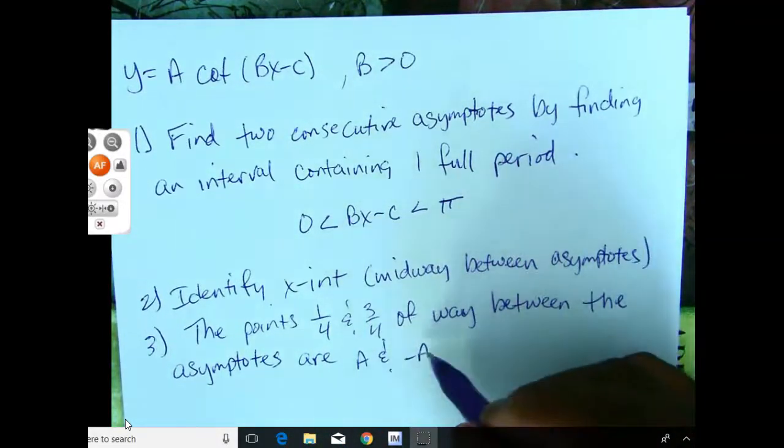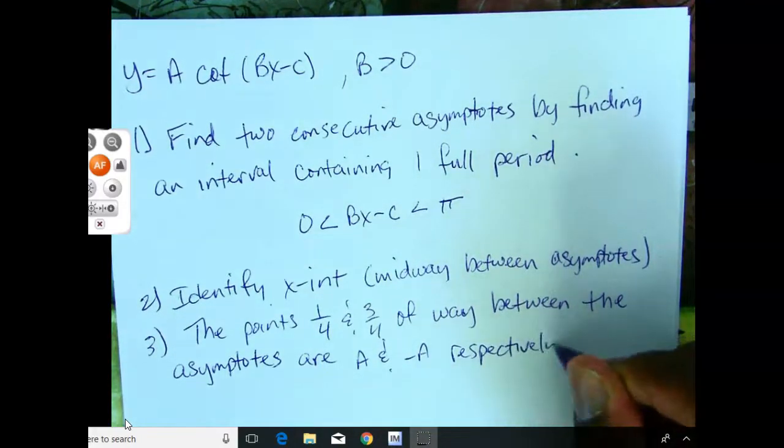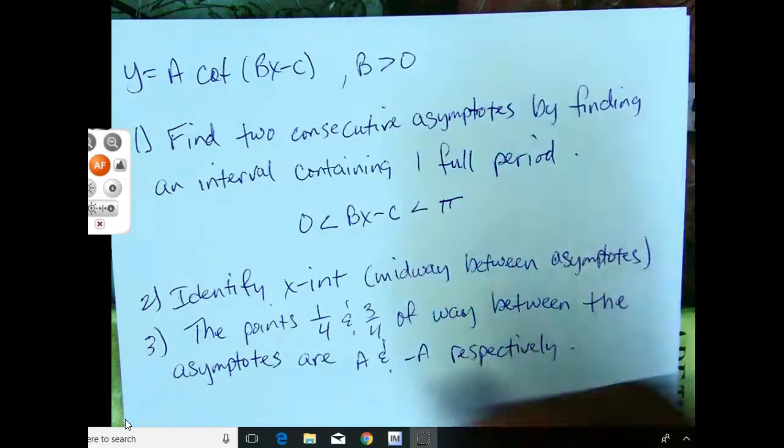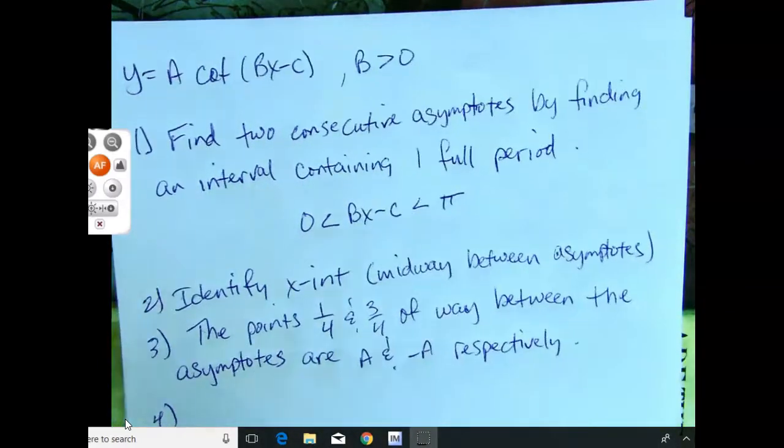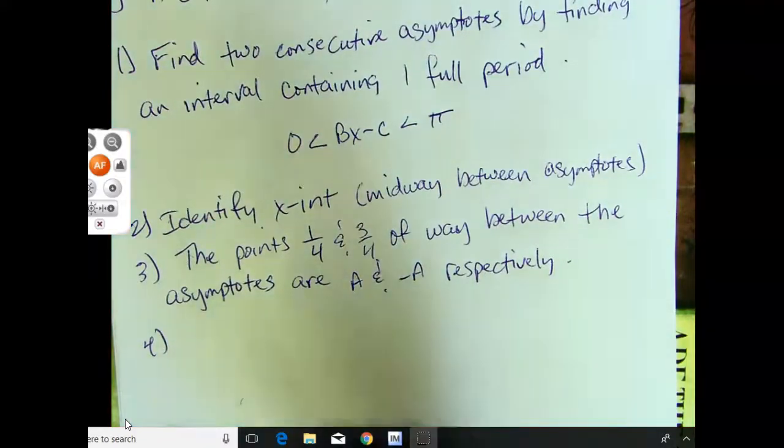So y equals a, y equals negative a, respectively. Okay, and then we can repeat steps 1 through 3 to graph more periods.